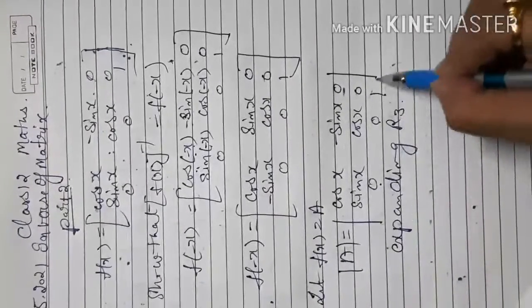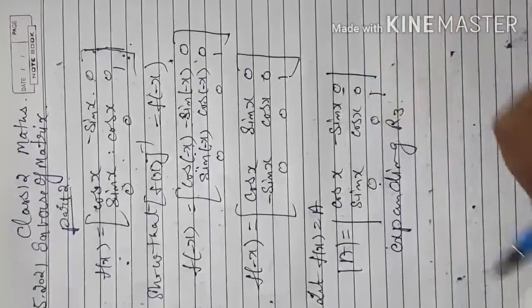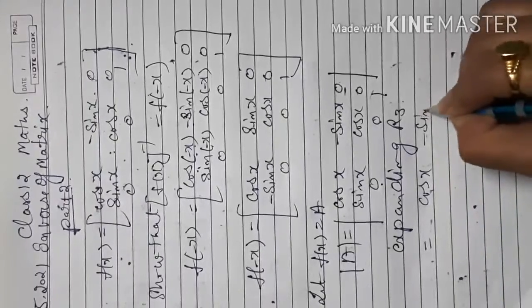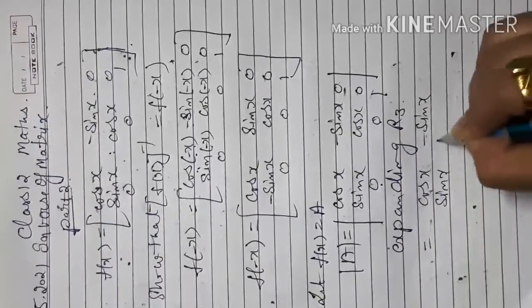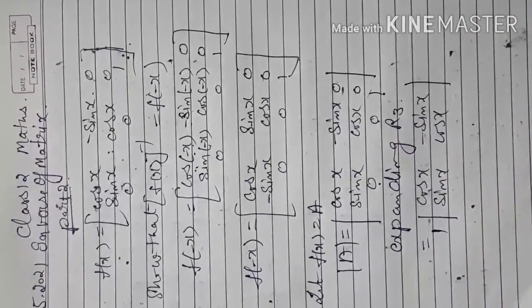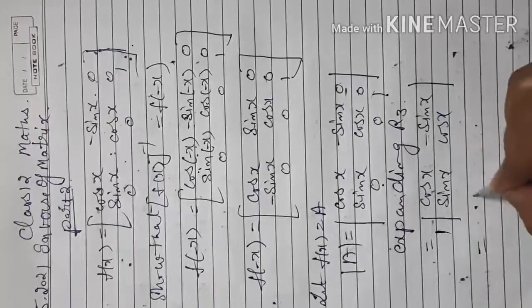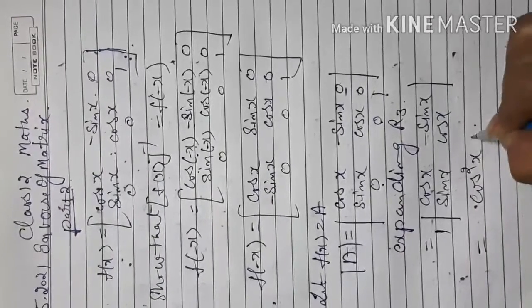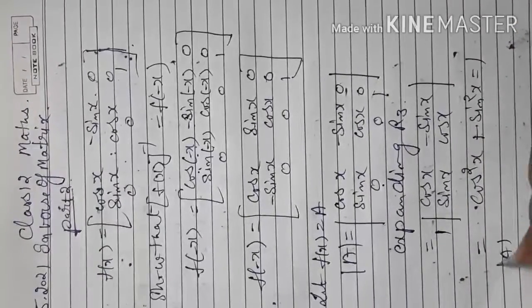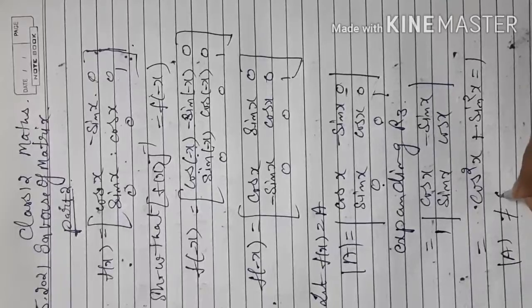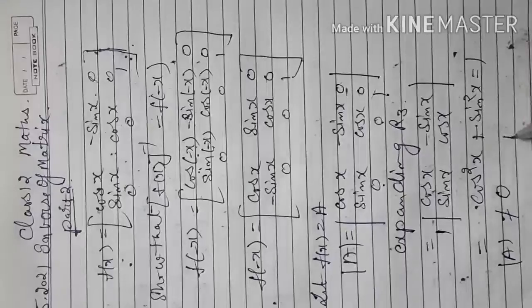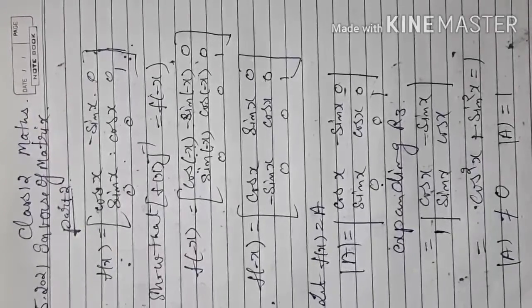Ignoring this row and this column, the elements left are cos x, minus sin x, sin x and cos x, and 1 is multiplied with that with the position sign. When you multiply, this gives cos square x plus sin square x equal to 1. So the determinant of A is not equal to 0.